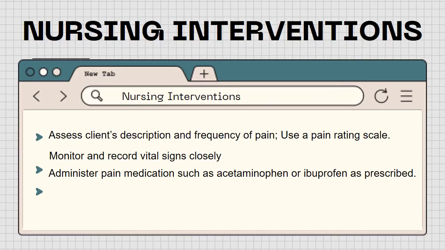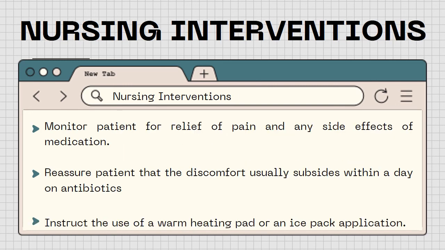Now, proceeding to our nursing interventions, first we have to assess the client's description and frequency of pain. Use the pain rating scale. Then, we have to monitor and record vital signs closely. Next is to administer pain medication such as acetaminophen or ibuprofen as prescribed.